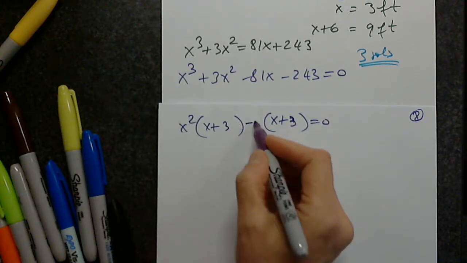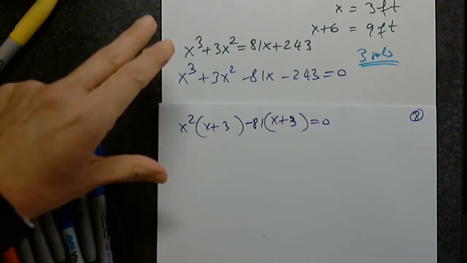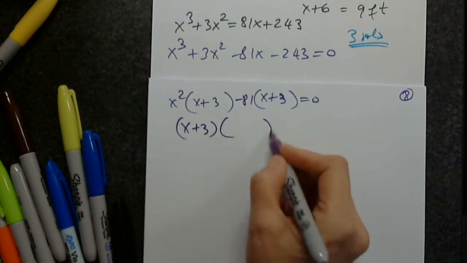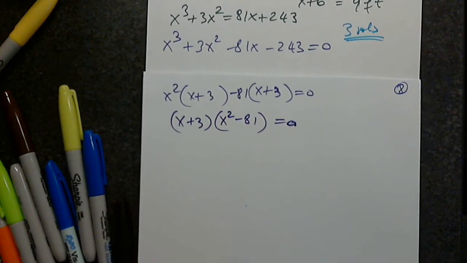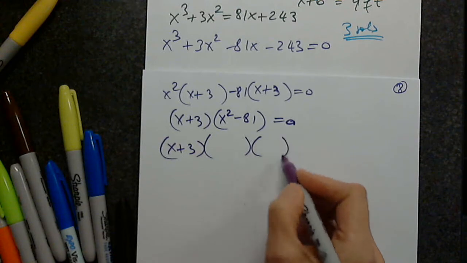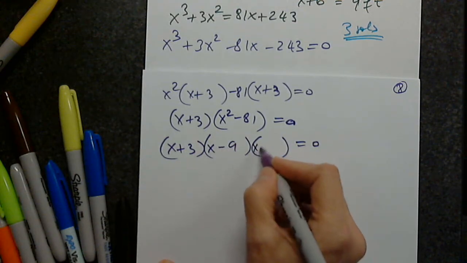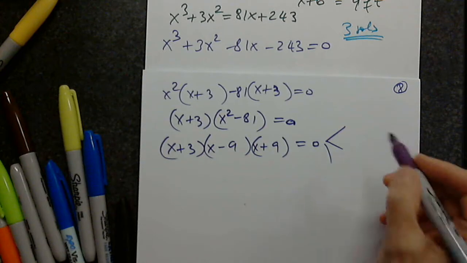Minus 81. Awesome. What is the common factor that comes out? X plus 3. Very good. And then x squared minus 81. What do I do with x squared minus 81, please? Difference of squares. Very good. X minus 9, x plus 9. Awesome. So you're giving me 3 solutions as promised.